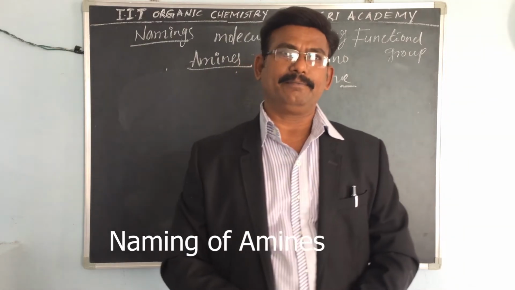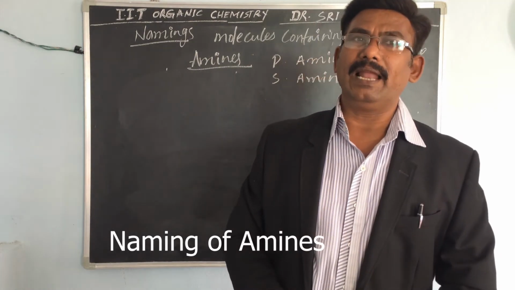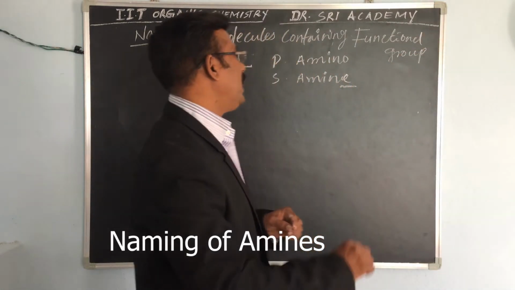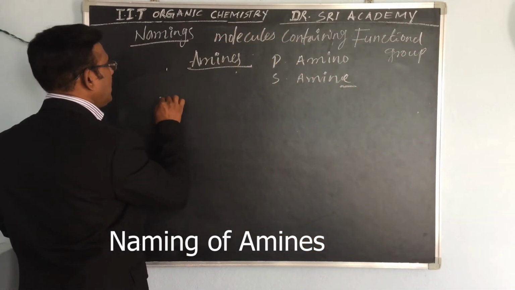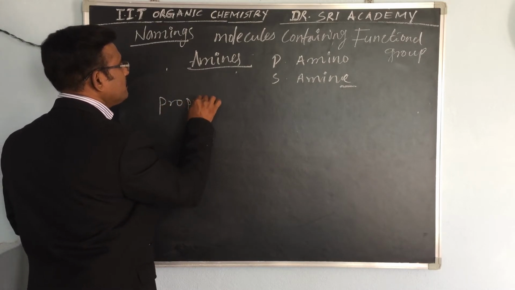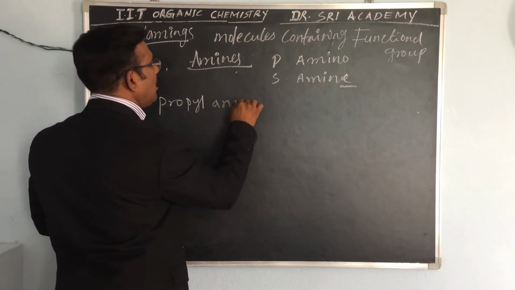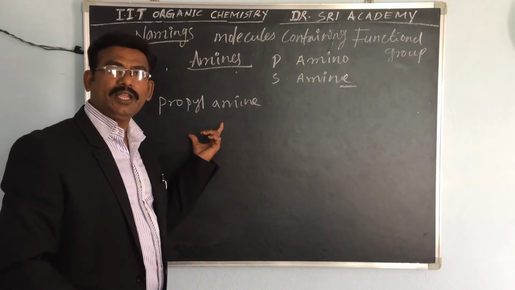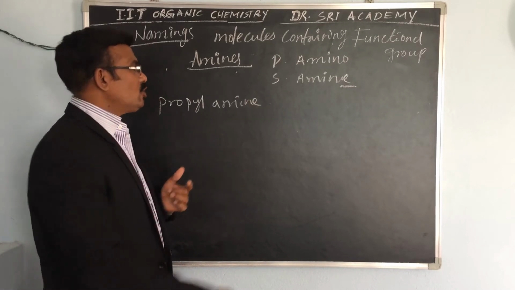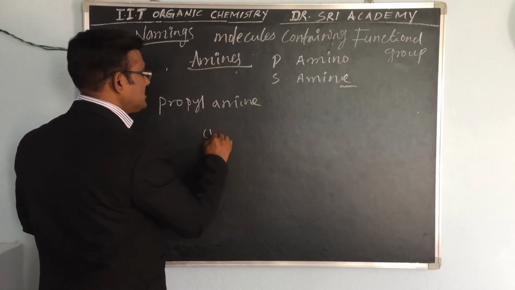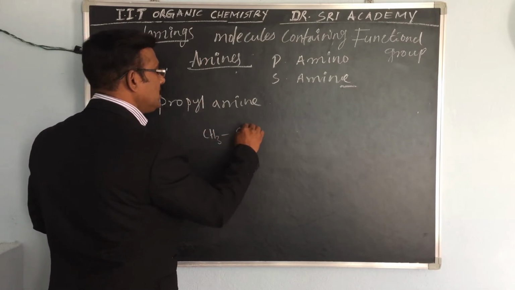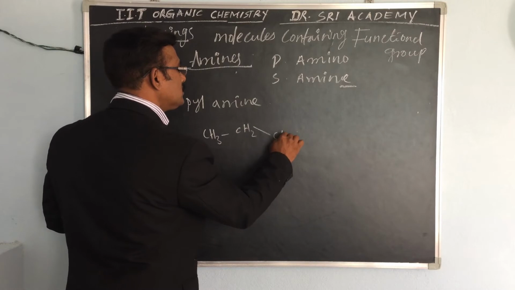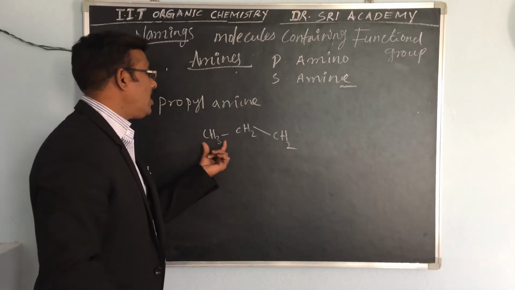We can understand. For example, propyl amine. How can you write propyl amine? Propyl amine. So how can you give the naming? Prop means 3: CH3, CH2, CH2. So this is 1, 2, 3.